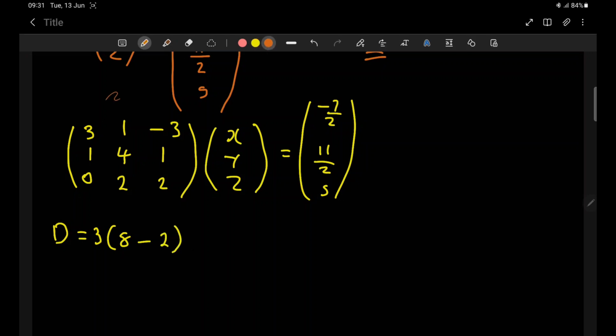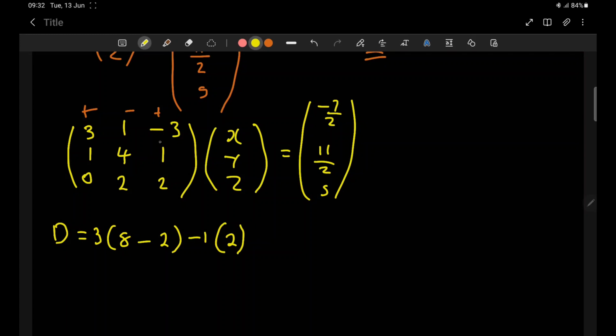Remember, we are still dealing with positive, negative, positive. On the next element we have negative 1 multiplying, so we eliminate this column and this row. We have 1 multiplying with 2, that will be 2. Then this is 0, so we just leave it that way.